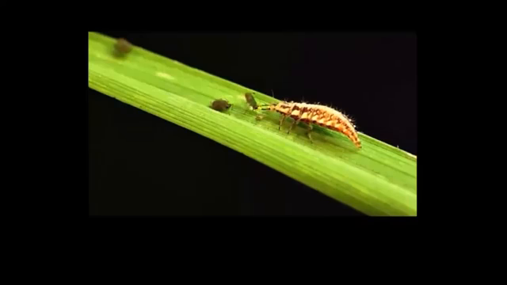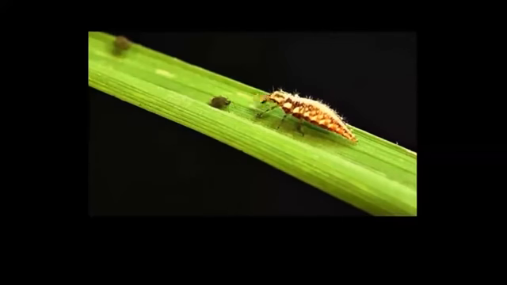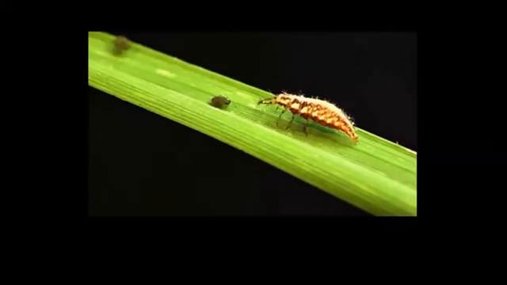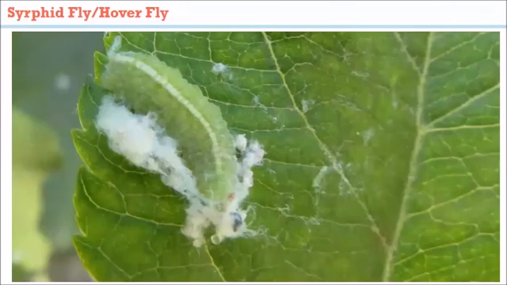It grabs the prey with the sickle-shaped mandibles, injects that salivary secretion, and sucks up the contents. As soon as it's done eating, it moves right along to its next prey. So very voracious and very beneficial predator in the orchard.